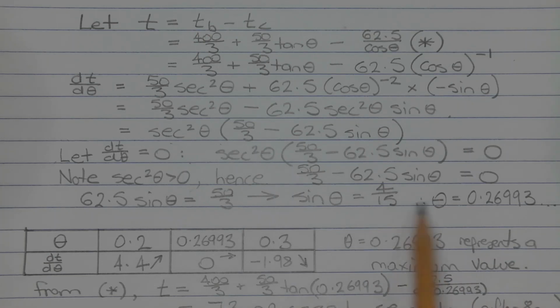So solving this for theta, we get 62.5 times sine theta is equal to 50 over 3. Dividing both sides by 62.5, we get sine theta is equal to 4 over 15. And taking inverse sine of both sides, we get theta is equal to 0.26993 and so on.